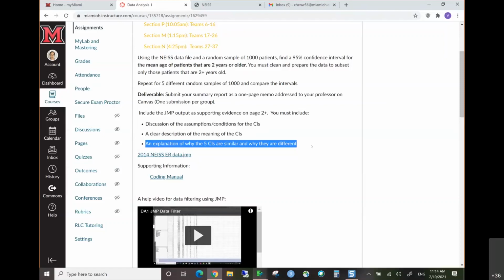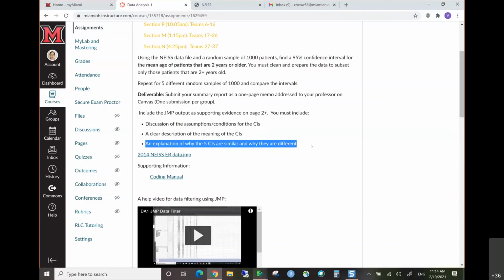Actually, once you select a sample, if you select another sample, of course the samples will be different. So if your confidence intervals are based on different samples, then of course they will be different. It will not be exactly the same. Your sample means will be different. Your sample standard deviations will be different.